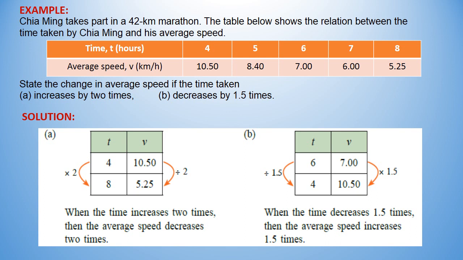If the time decreases by 1.5 times, that means the average speed will increase by 1.5 times. So your conclusion can be like this: when the time decreases 1.5 times, then the average speed increases by 1.5 times. That means when y is decreased, x will be increased.